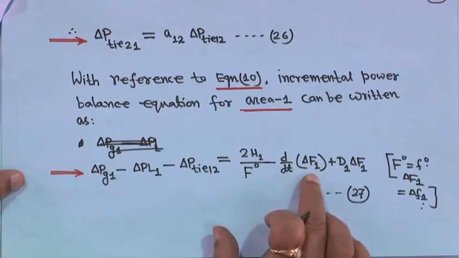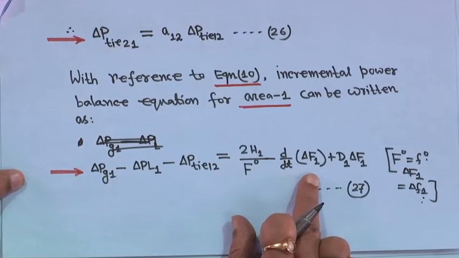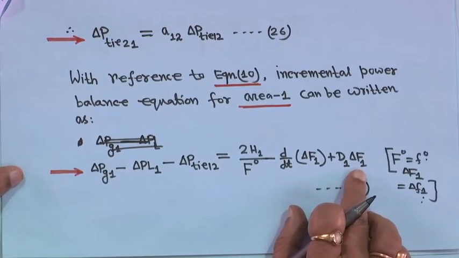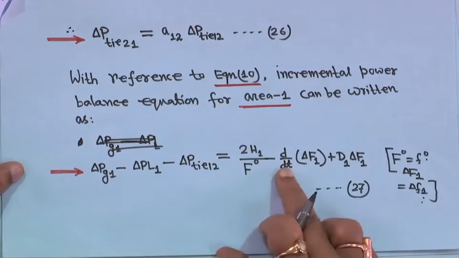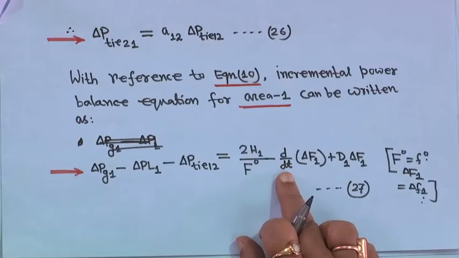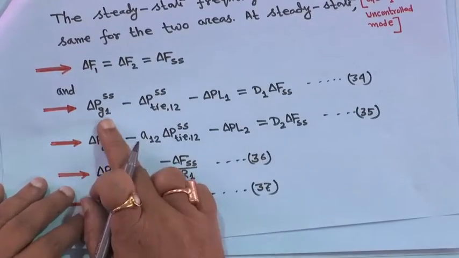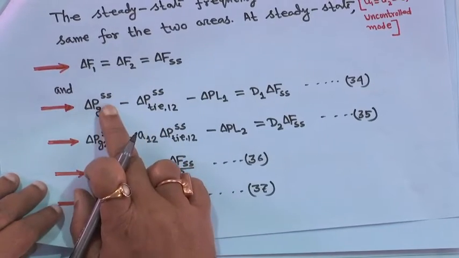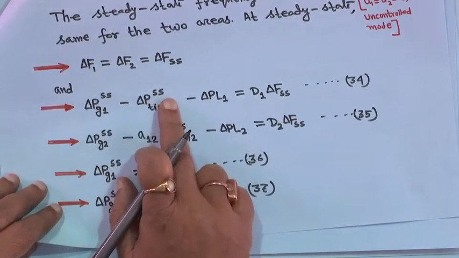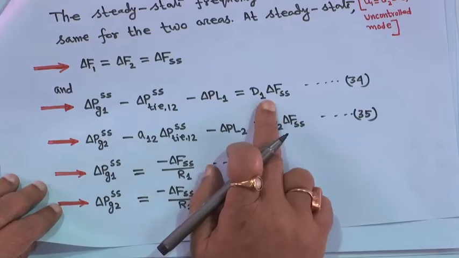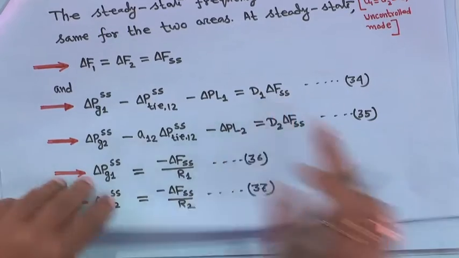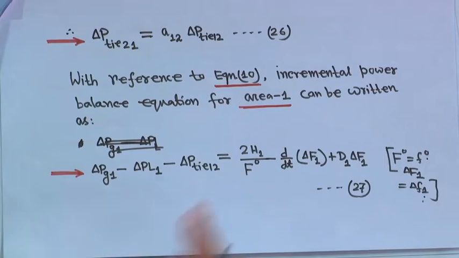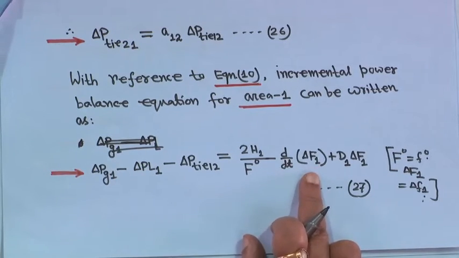So d/dt of delta f1 will be 0 because it has reached steady state, and this term will vanish. That means delta Pg1 ss minus delta p ti 1 2 ss minus delta PL1 is equal to d1 into delta fss. This comes from equation 27.